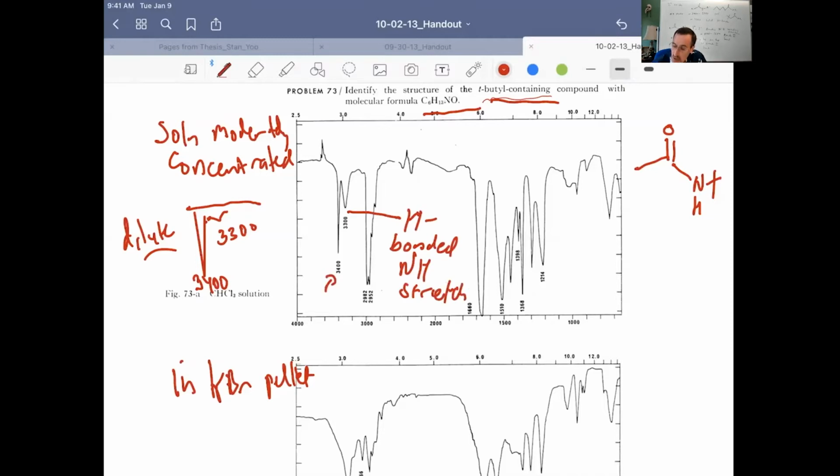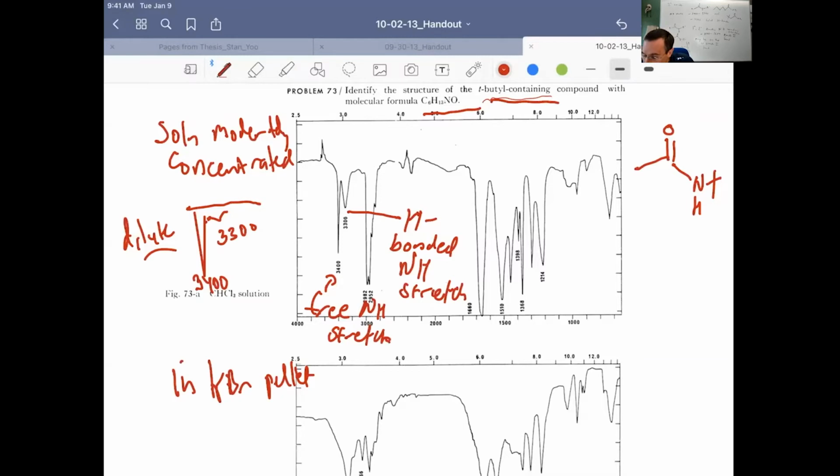And so you have some hydrogen bonded and some free. This is your free NH stretch. Maybe your molecules are even forming chains or dimers. As you get more dilute, you have much less hydrogen bonding, so your hydrogen bonded NH stretch at 3,300 is weaker.